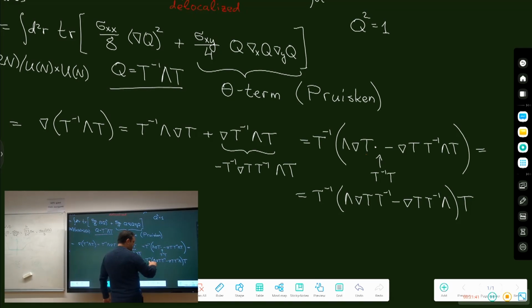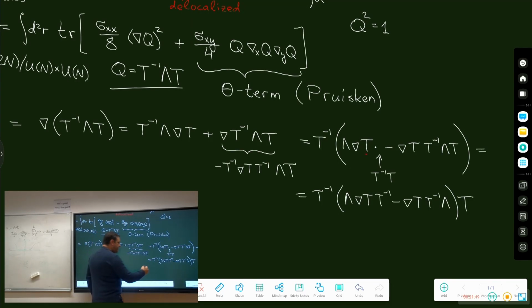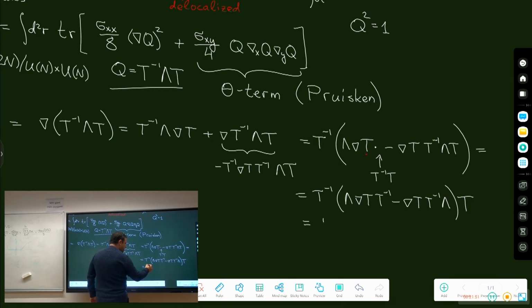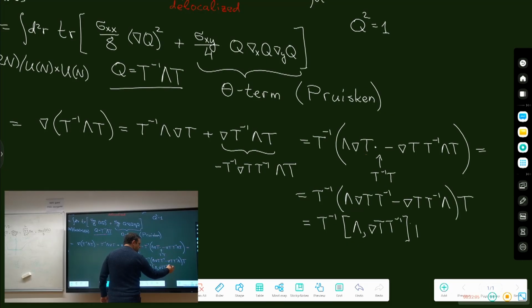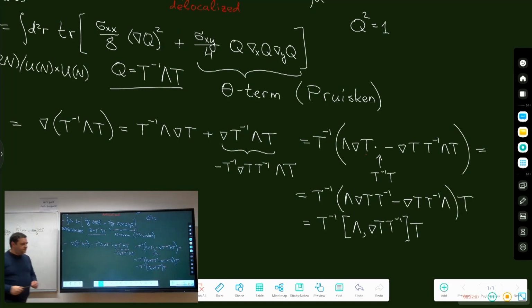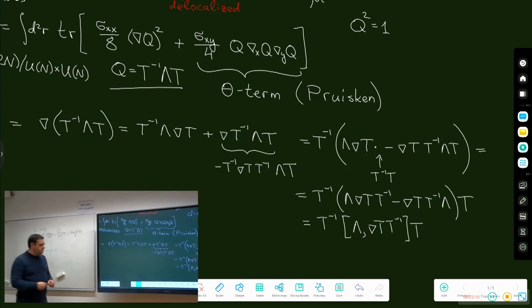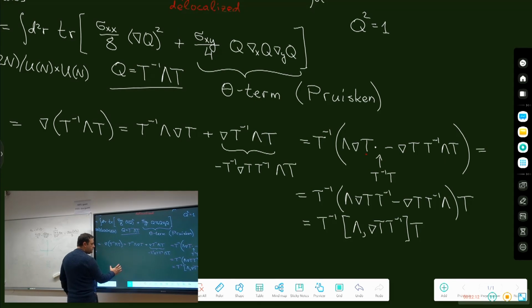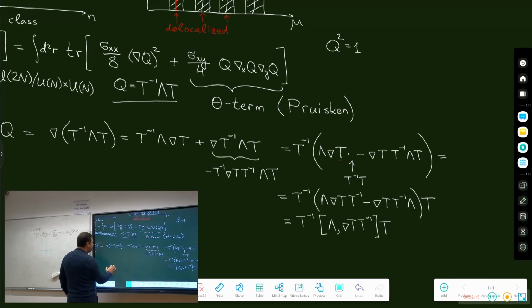So this first part is this one with T inverse T, and the last one I just took T outside. And finally, this same thing is T inverse times what I have here in brackets, a commutator of lambda with gradient T, T inverse. And then another T to the right.